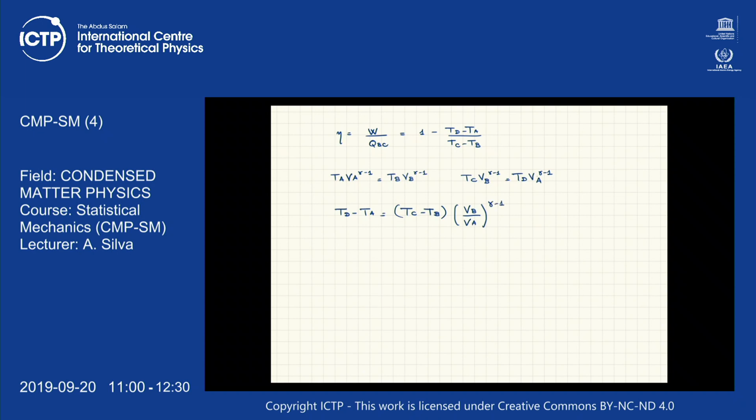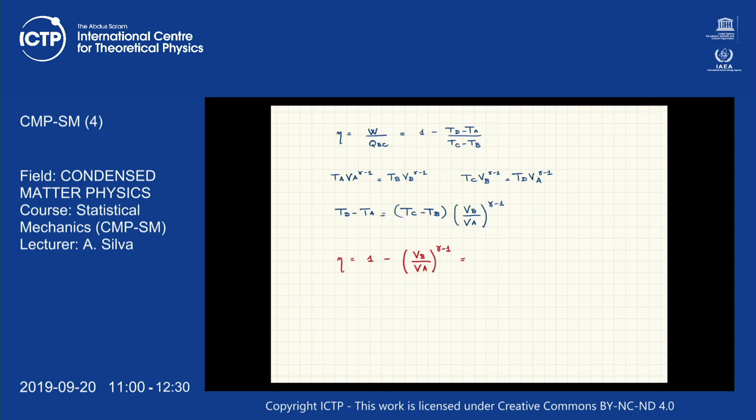All right? And this implies that the ratio written up here of these temperatures comes out to be equal to, let's write it here, eta equal to 1 minus (VB over VA) to the power gamma minus 1.